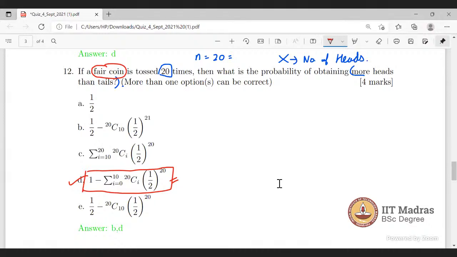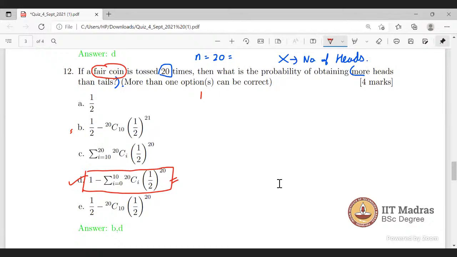Sir, what about B? B requires actual calculation. Is there any other way to find it? Sir, if this was to the power 20, it would make sense, but 21 is not making sense.